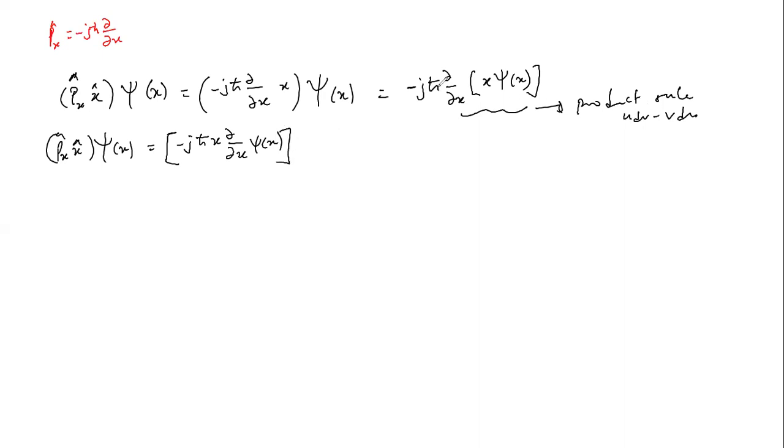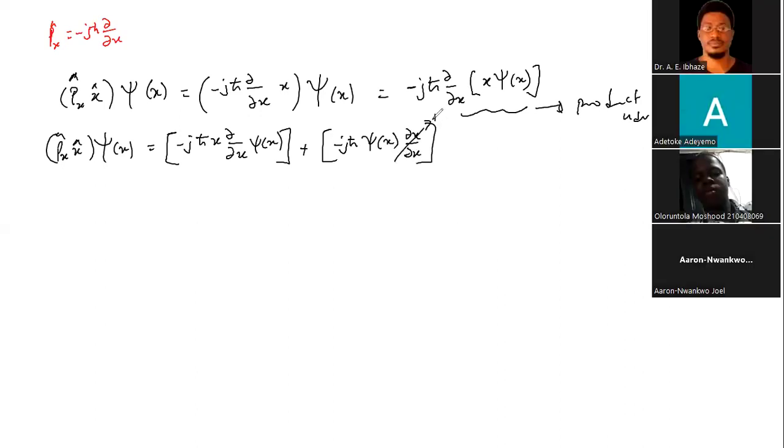That is u times dv, then we're going to add plus v du, where v is psi of x. So we say negative j h cross psi of x, then du, that's dx dx, so this is going to reduce to 1.